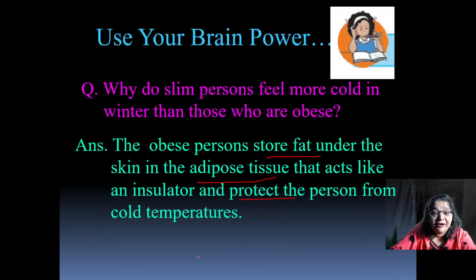So even obese people have some advantage during winter. Because they store lots of fat, it protects the person from mechanical injuries and also from cold temperatures. That is why slim persons may feel more cold in winter than those who are obese, right?